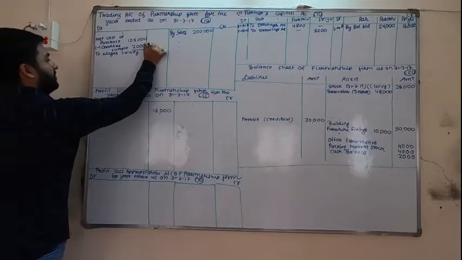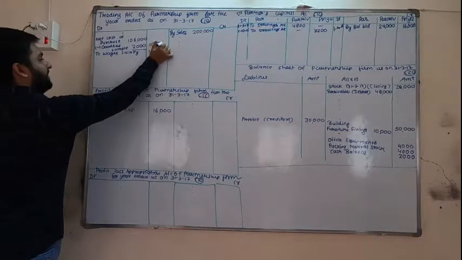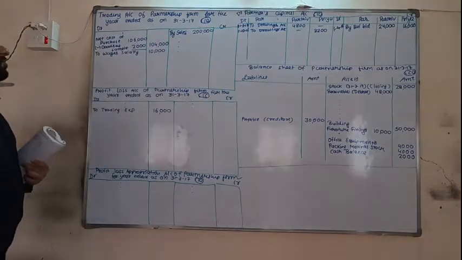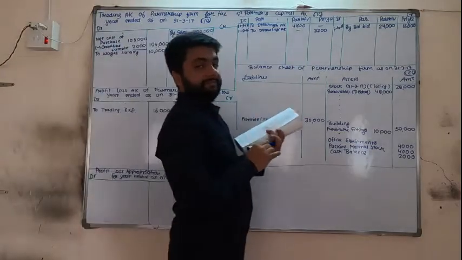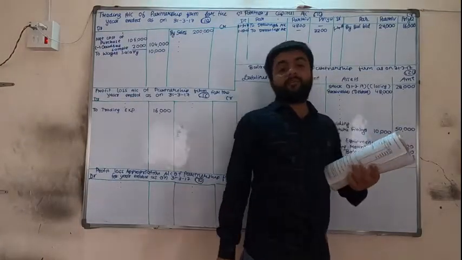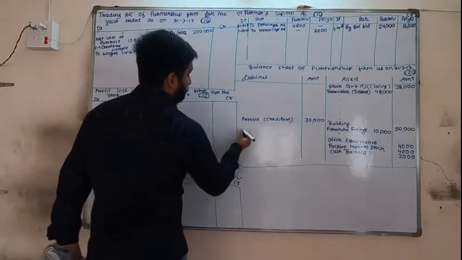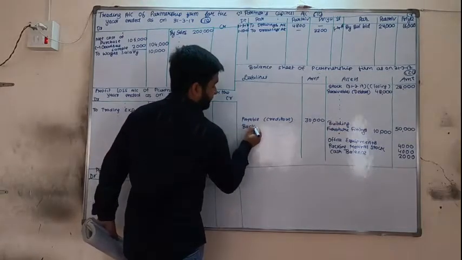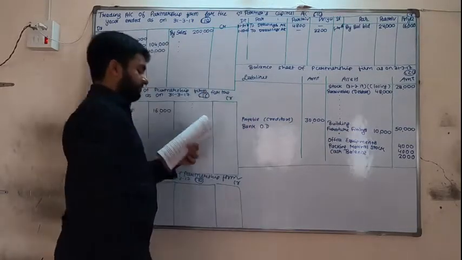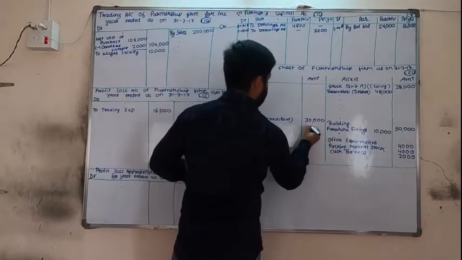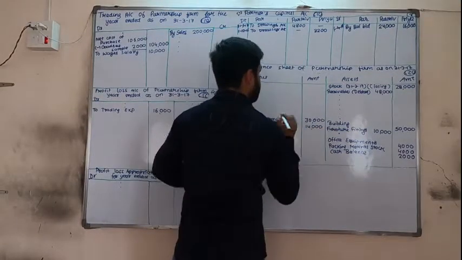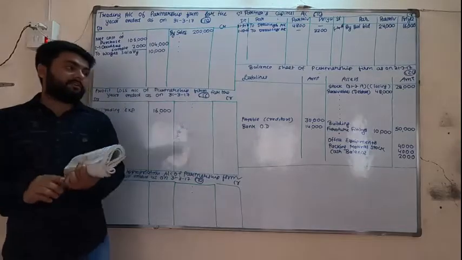So in the outer column 1,04,000. Bank overdraft. Bank overdraft is a liability. Bank OD 14,000. That's all with the credit balances.